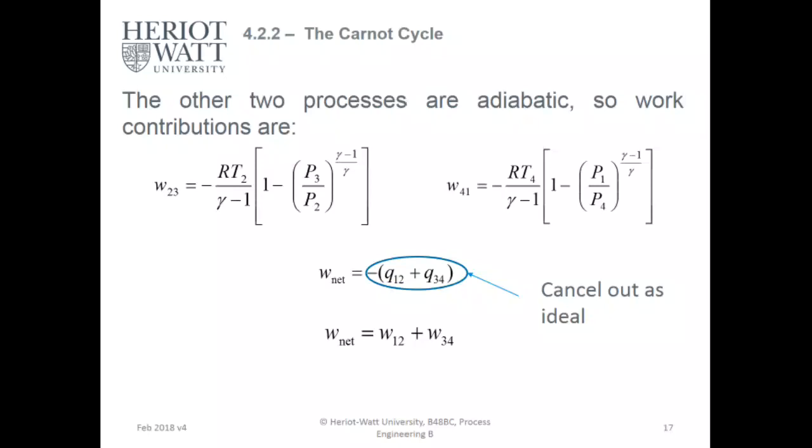Hence, your net work will equal W12 plus volume work for the process 3 to 4. So your heat exchanges cancel out. The amount of work you produce and the amount of work you put in equals the total energy you put in and the total energy you remove, 100% efficiency.